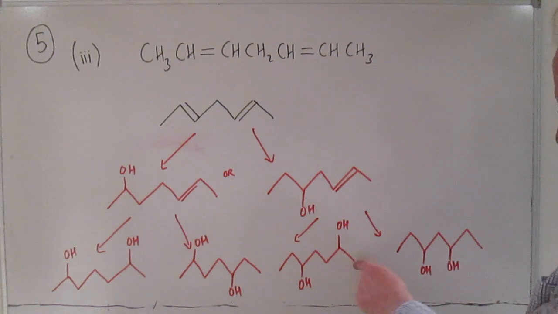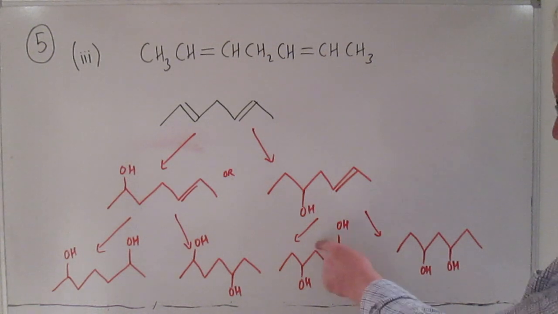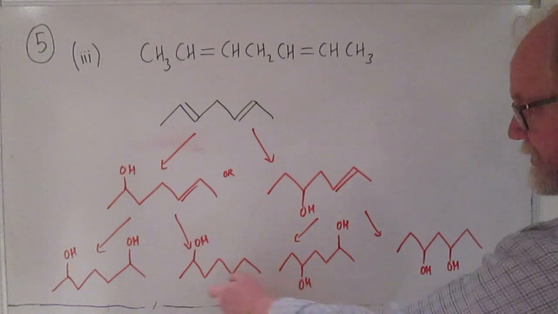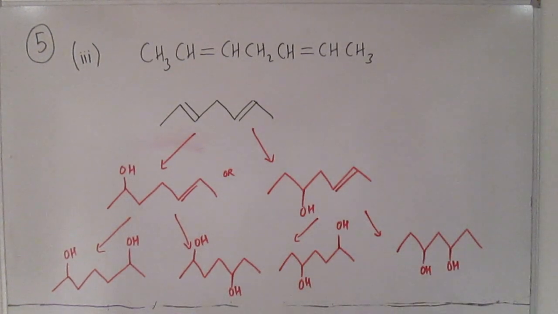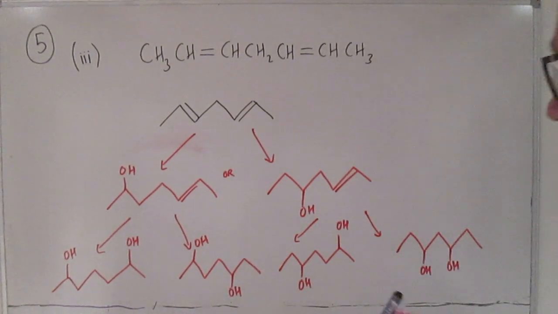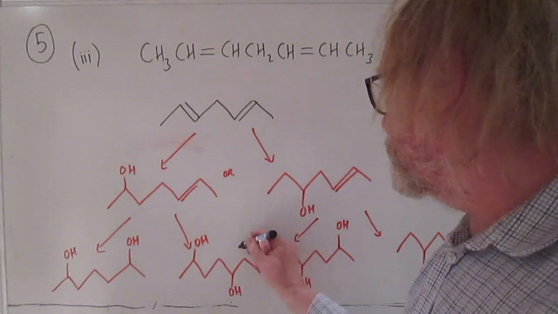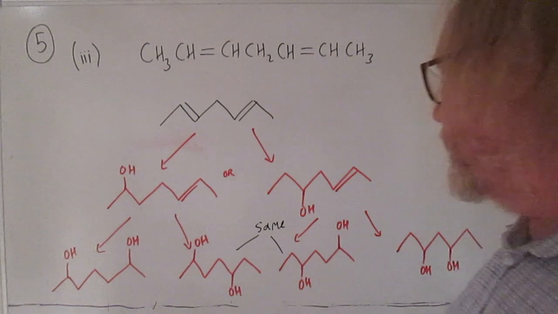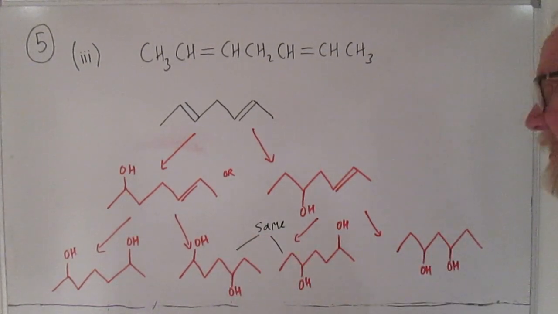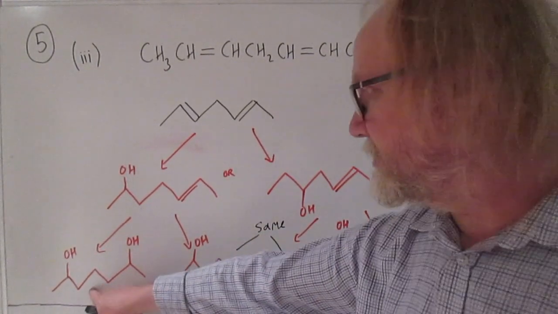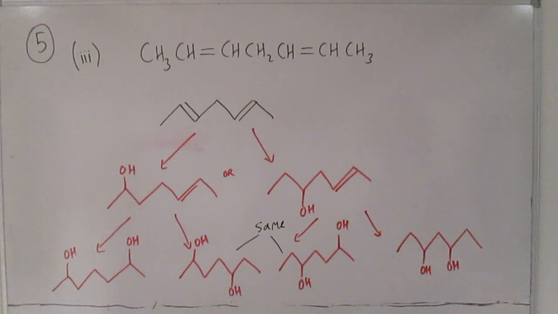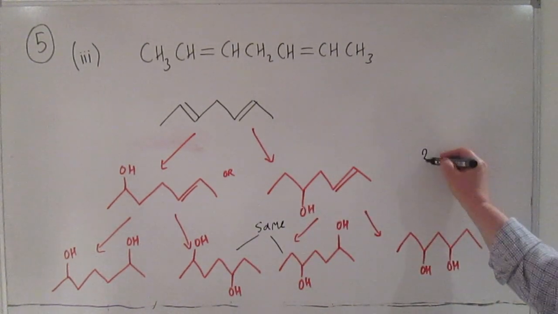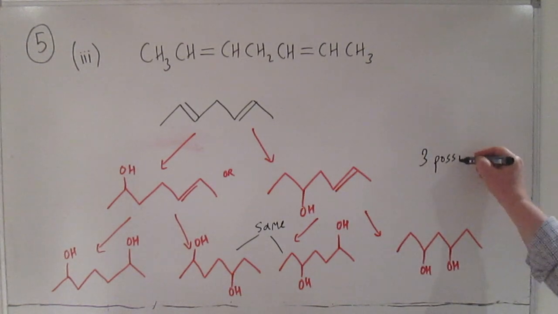So that's carbon 2, and again it's 1, 2, 3, 4, 5. So these two are both 2,5. So it's two different ways of drawing the same thing. Okay, so don't get fooled by that. So that's one isomer, which is 2,5. This one is 2,6, and this one is 3,4. So you've got 3 possible products in that reaction.